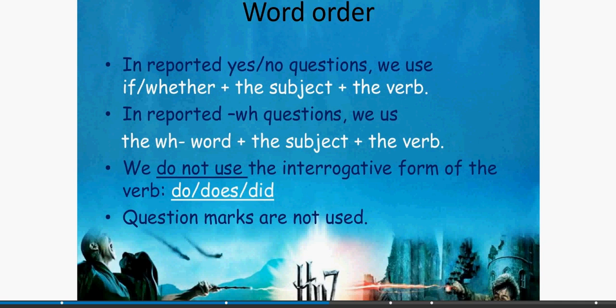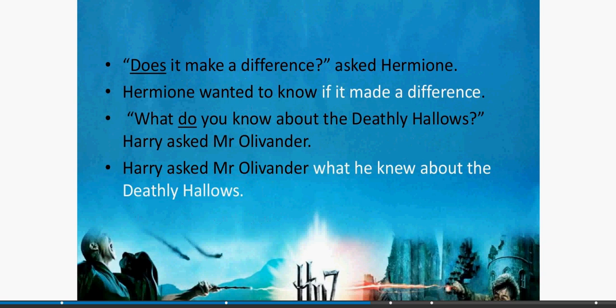We do not use the interrogative form of the verb do, does, did. Question marks are not used. The question mark, we delete it, and we delete the quotations, the quotation marks, and the question mark that comes at the end, when we change from direct into indirect speech.